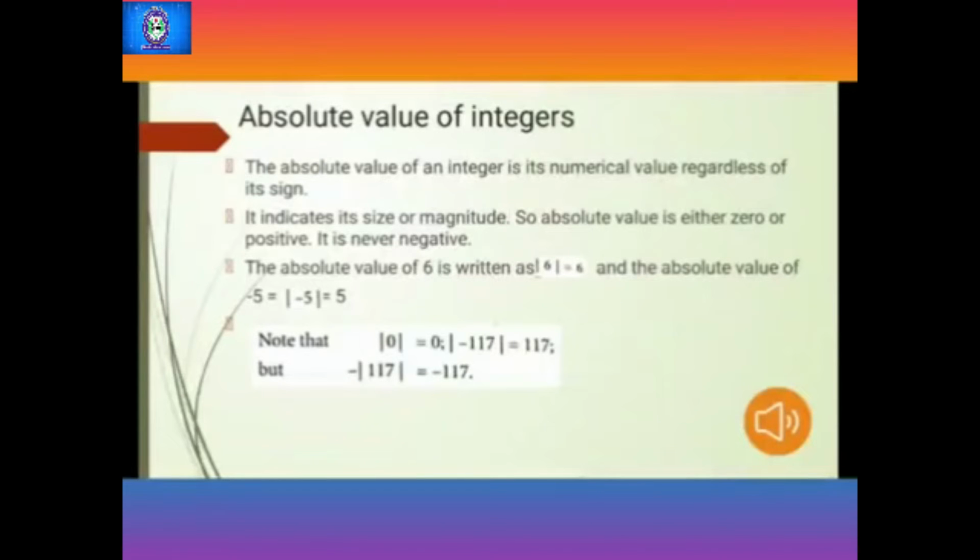So absolute value is either 0 or positive. It is never negative. The absolute value of 6 is written as |6| equals 6 and the absolute value of minus 5 will be 5. You can see it in the example and how it can be expressed.